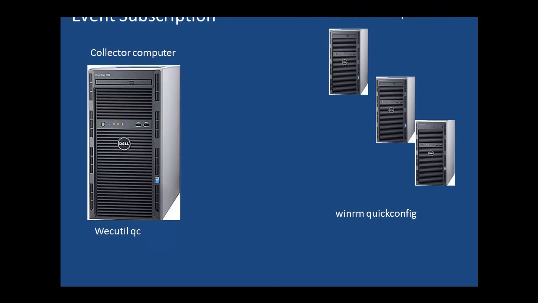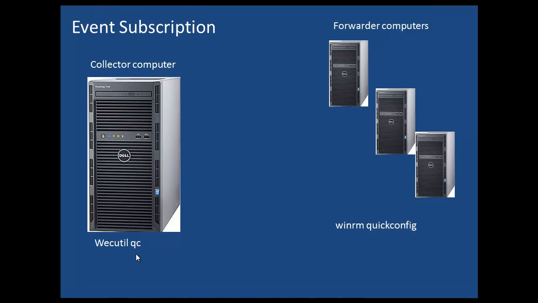This command is used to enable the event collector service. Before we create the subscription, we need to configure both the collector and the forwarder computer. We're now going to take a look at how we will configure the computers.